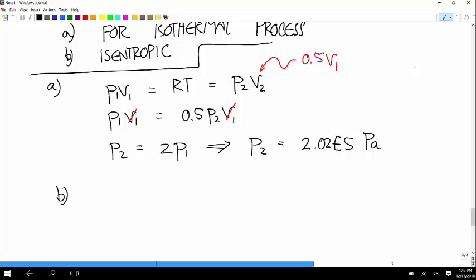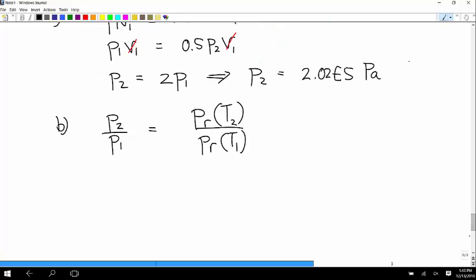So this time, we're going to figure out the ratio P2 over P1, and that's equal to the relative pressure at temperature 2 over the relative pressure at temperature 1. This is a little bit of a nuisance because we don't know the temperature T2. But we do know that P1 is 1.01 times 10 to the 5th.